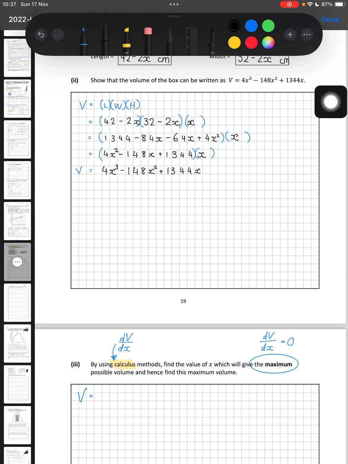I'm going to write it out first before I get the derivative of it, because I am likely to make a silly mistake if I'm constantly looking back to the last page to get that and then write it down here. I want to avoid making silly mistakes. For example, I've already made one. I want to avoid them by making sure I've written this down fully correctly first, and then I can literally get the derivative one step under the other.